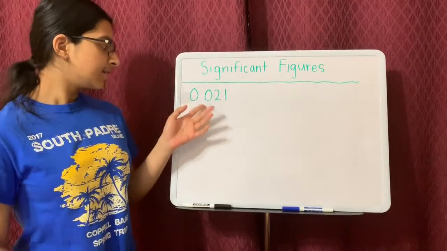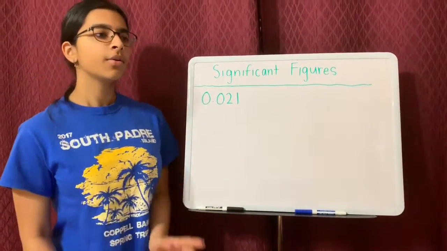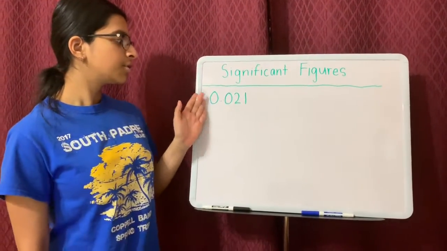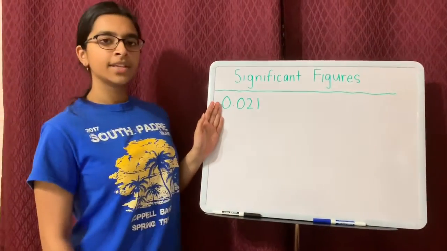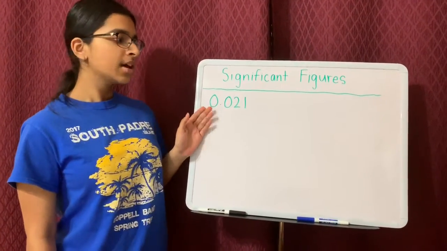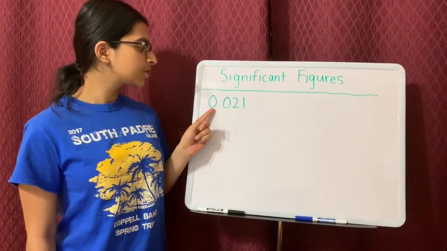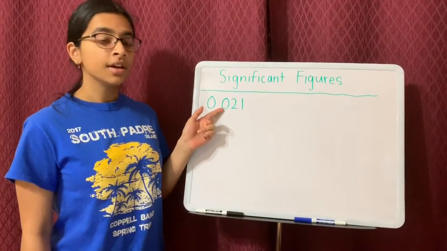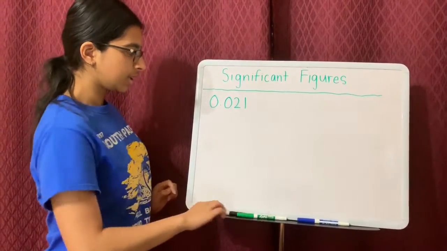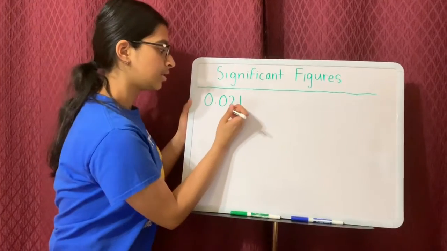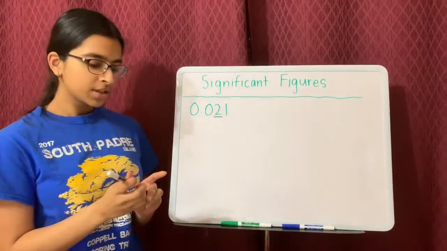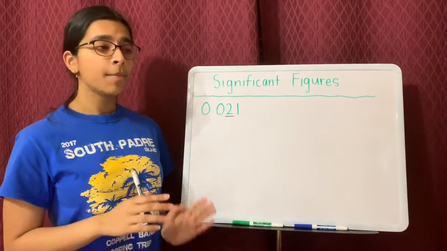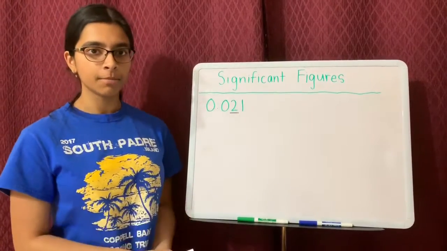Since it does have a decimal point, we're going to start from left to right. Starting from the left side of the number, we want to count all the way until we reach our first non-zero digit. Our first non-zero digit here is this 2. So we start counting Sig Figs from there up until the very end of the number.